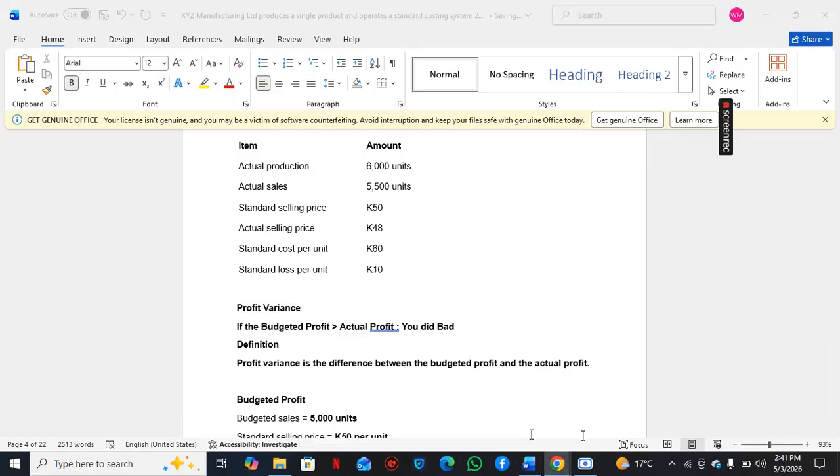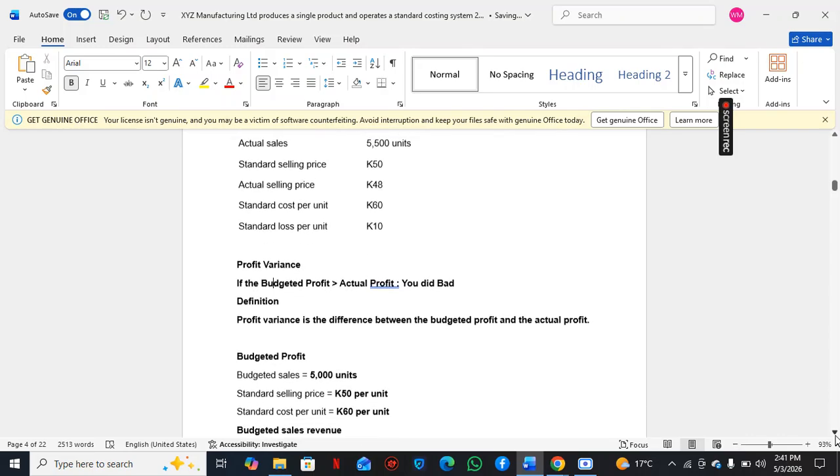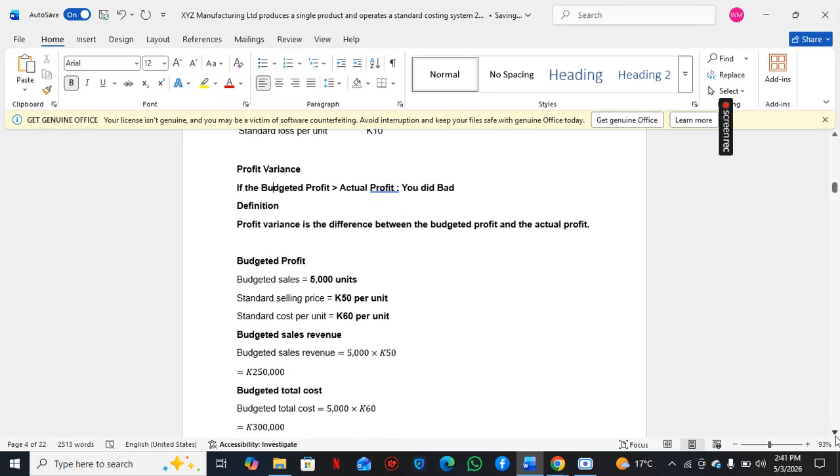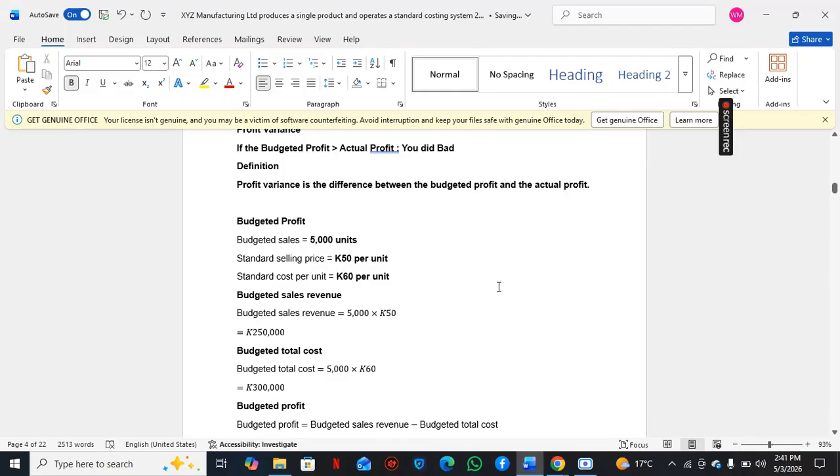So let's get our budgeted profit. Remember, we budgeted to sell 5,000 units. Our budgeted selling price is 50 kwacha per unit.